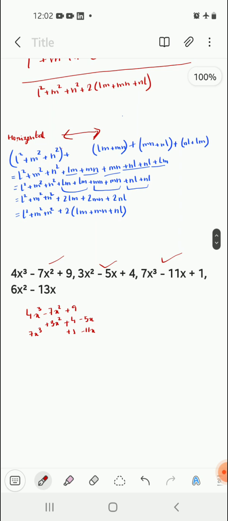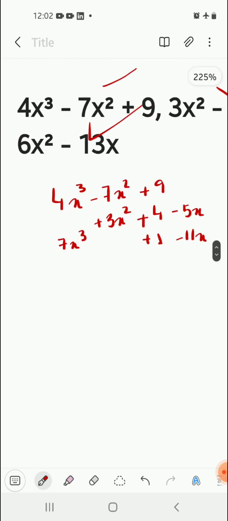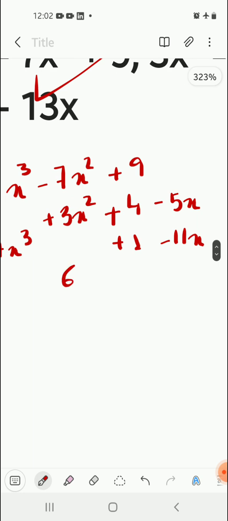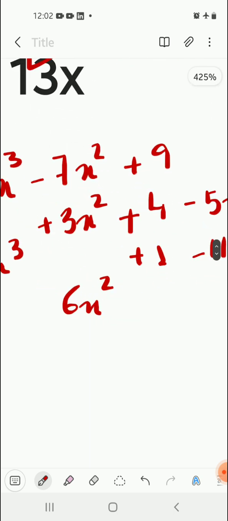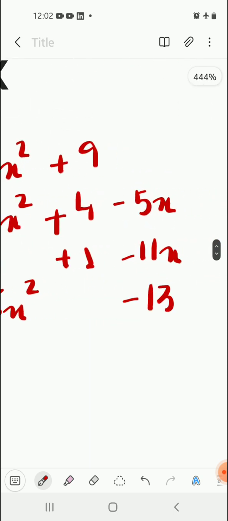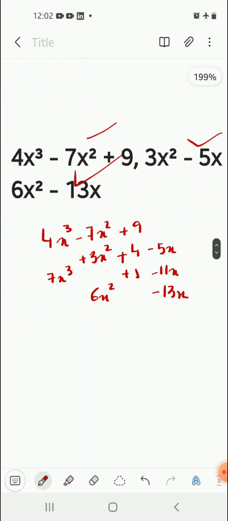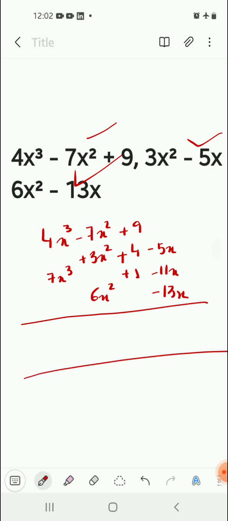After this is done, we are left with the last one, that is 6x square minus 13x. So let's write it here below, 6x square minus 13x. We're going to write it under x. Now once all is done, we're going to add it.